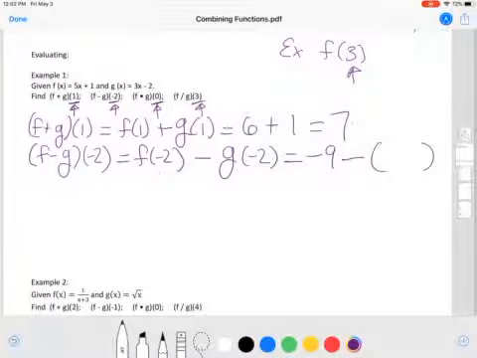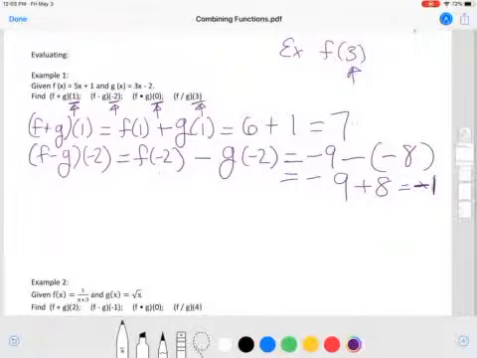And then I'm going to subtract whatever I get when I plug in negative 2 into my g function. If I plug negative 2 into g, that gives me 3 times negative 2 is a negative 6. And then a negative 6 minus a 2 is a negative 8. So that gives me a negative 9 minus a negative 8, which is a plus 8, which gives me my final answer of negative 1. So f minus g of negative 2 is negative 1.